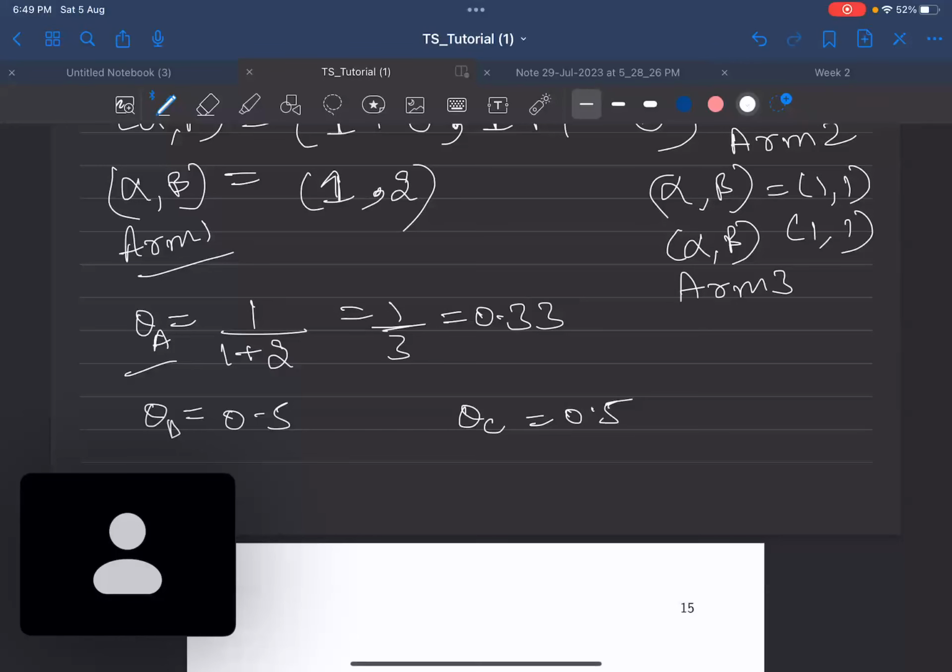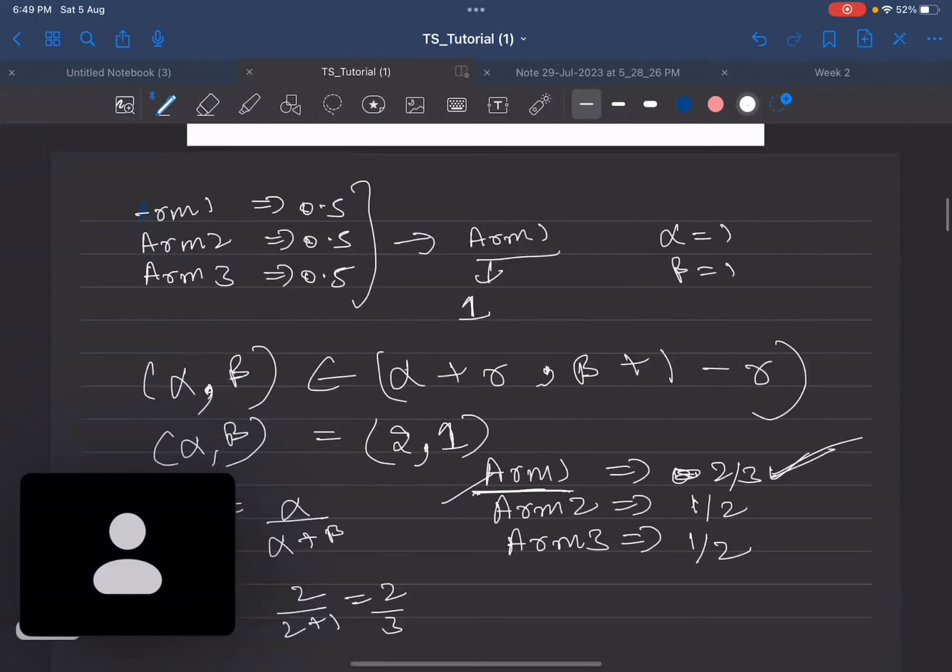Yes, you are correct. I think my screen is not sharing. I should share. Wait a second. Did you get your answer, or should I explain it again? Actually, I was asking, like in the earlier example, the probability has gone to 2 by 3.